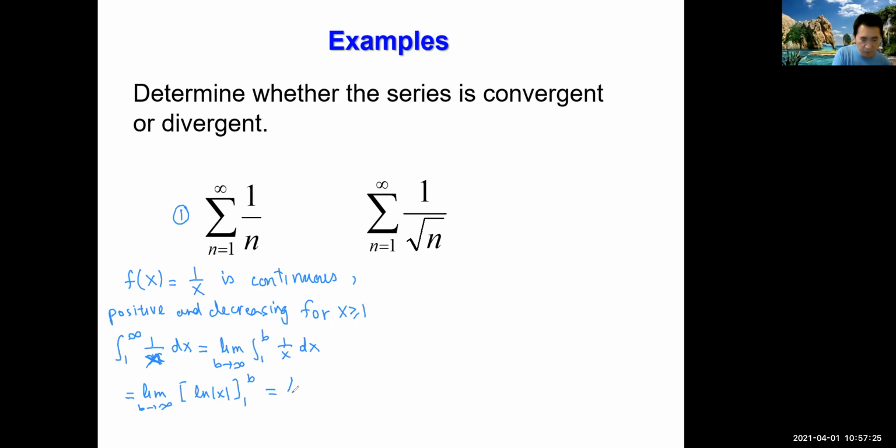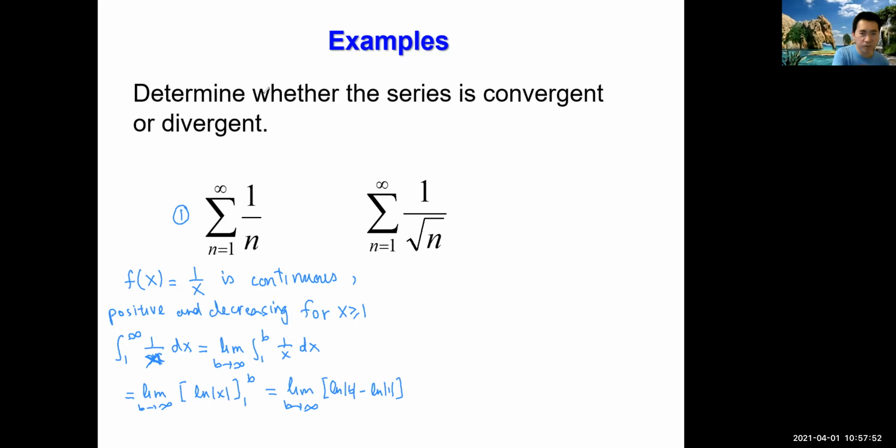Well, I can plug in b, so that's natural log of b, and then you subtract the natural log of 1. Right, so minus natural log of 1, as b approaches infinity.